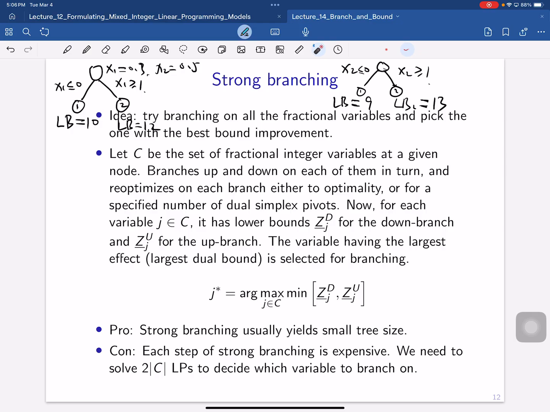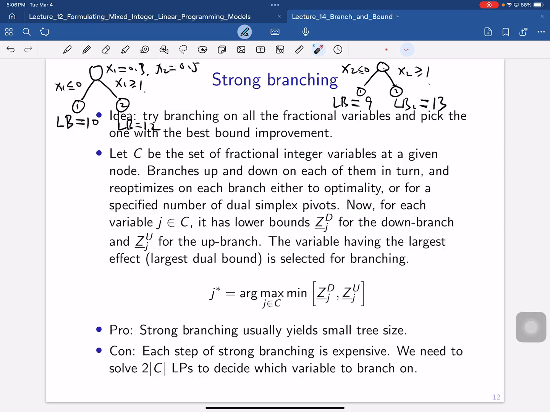x1. Why do you say that? That gives a better lower bound. Again, you want to improve the lower bound. The higher lower bound is better, so we want to maximize the lower bound.